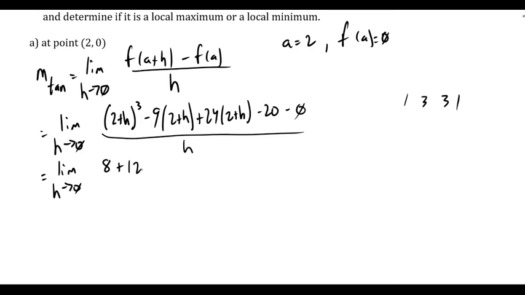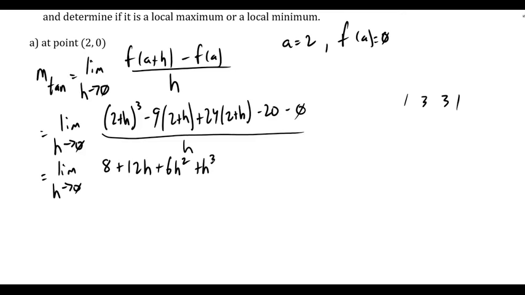So that's 12h plus coefficient 3 times 2 times h squared. So the second term squared. And then the coefficient was just 1 times the second term cubed. If you didn't follow that, that's okay.